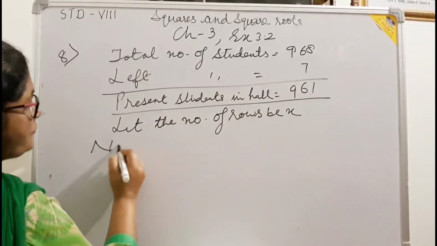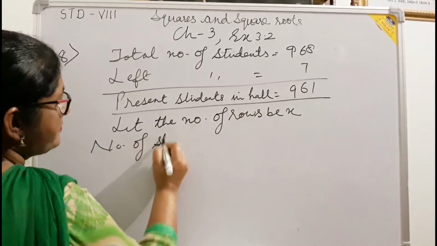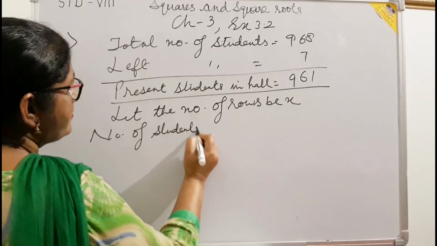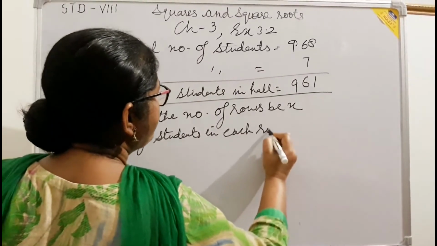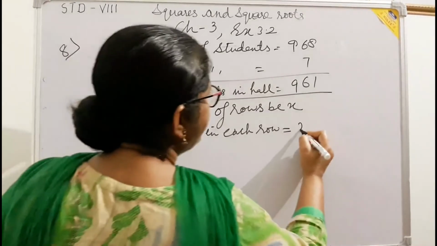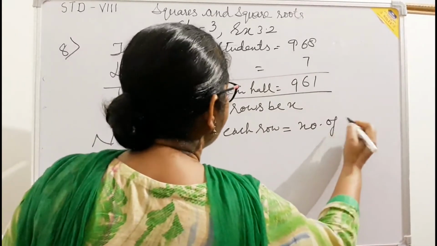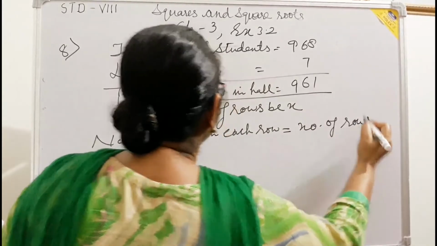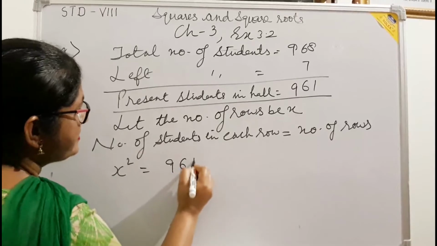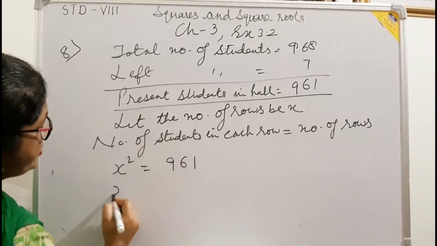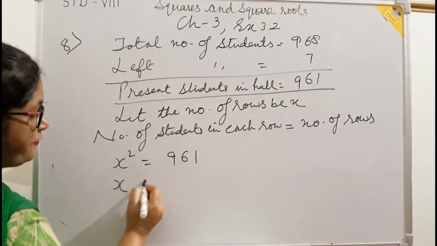Now the number of students in each row is equal to the number of rows. Means x square is equal to 961, and you should find the value of x.